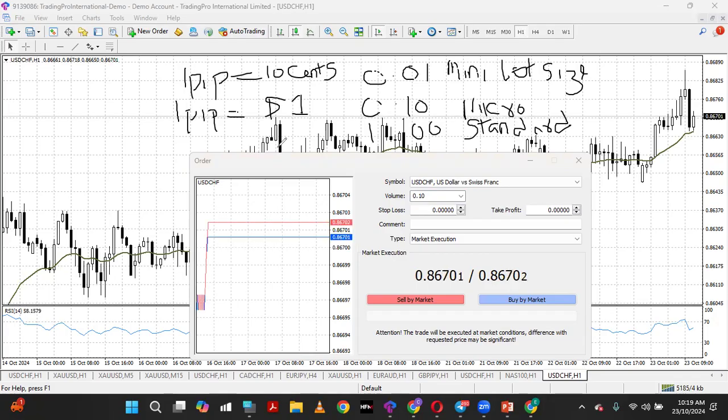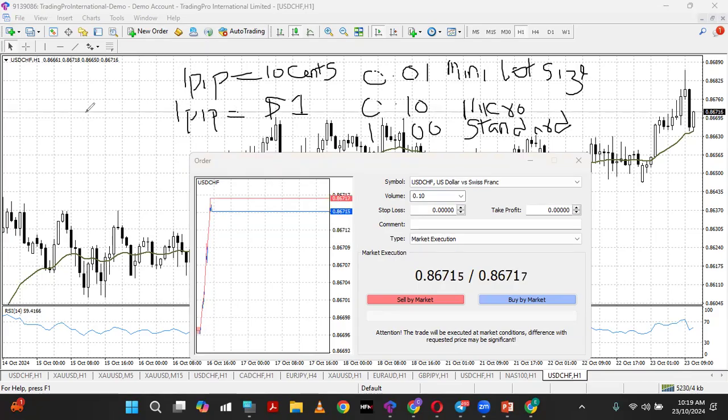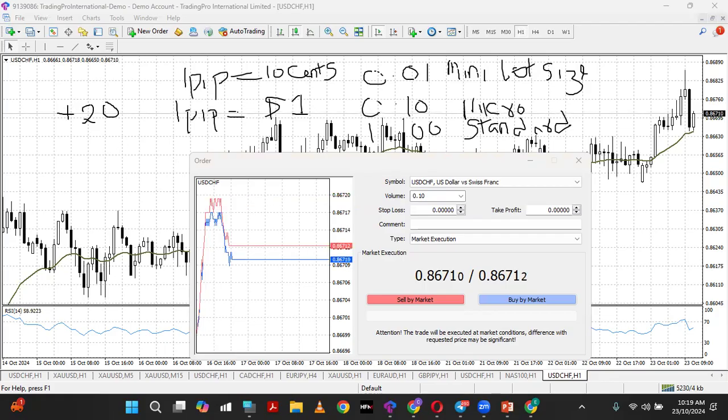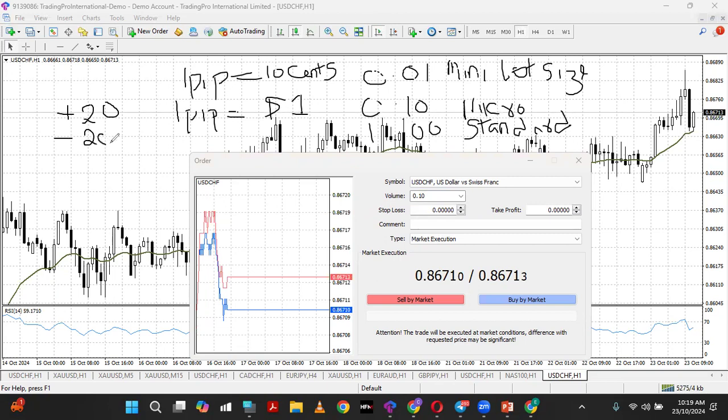Are we together? So if 1 pip is equal to $1 on the micro, if I have a 20 pip profit on this micro, what does it mean? That's $20. Okay. Now, if I have a minus 20 pip on a micro account, what does it mean?